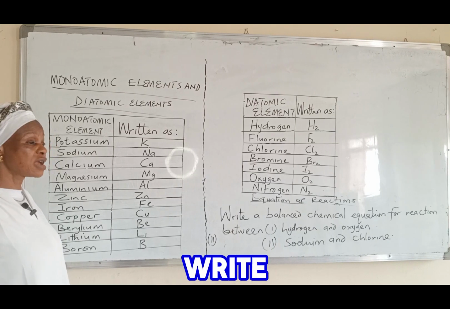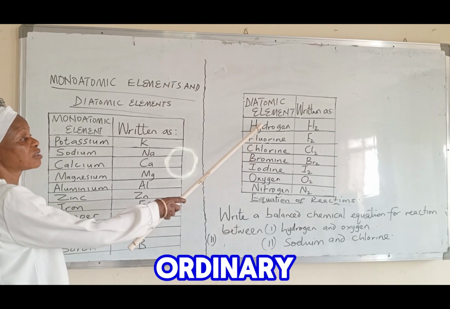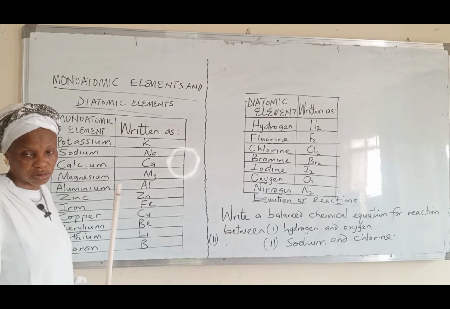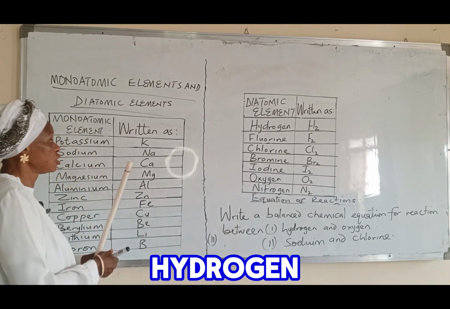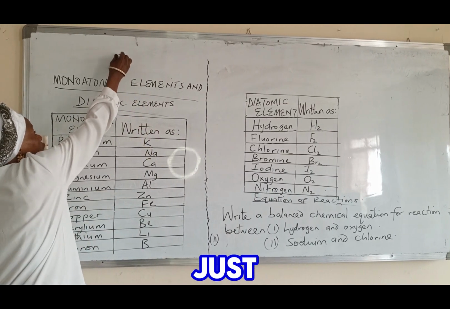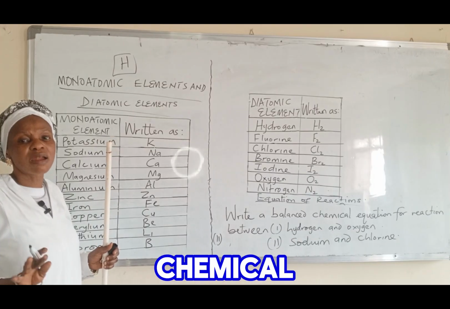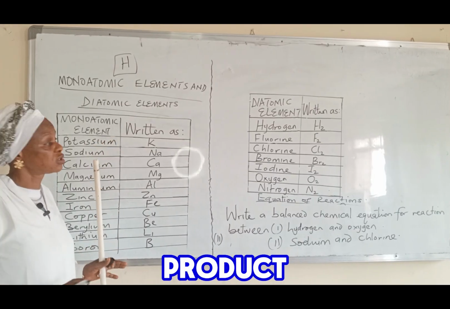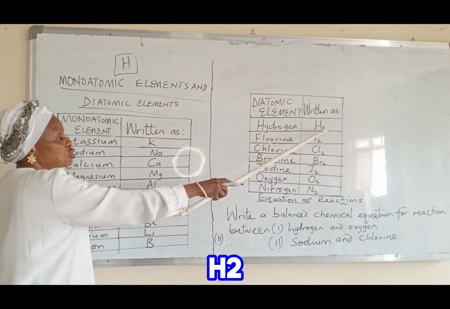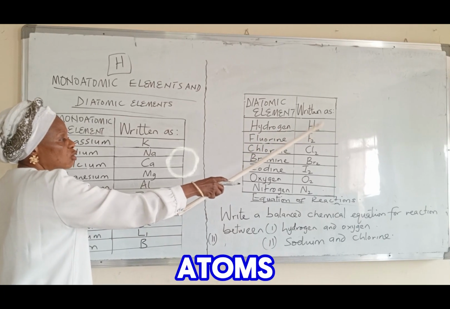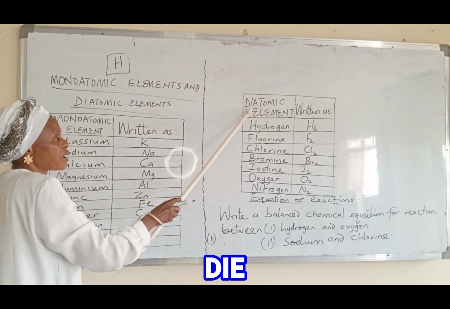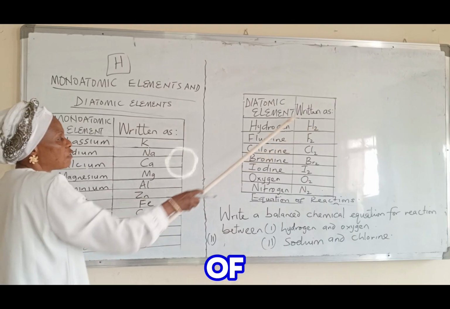If you want to write hydrogen, remember the ordinary symbol of hydrogen in our previous example is just H. But if hydrogen wants to participate in any chemical reaction to give us any useful product, it has to be written as H2. This two means two atoms: di, two atoms of hydrogen.